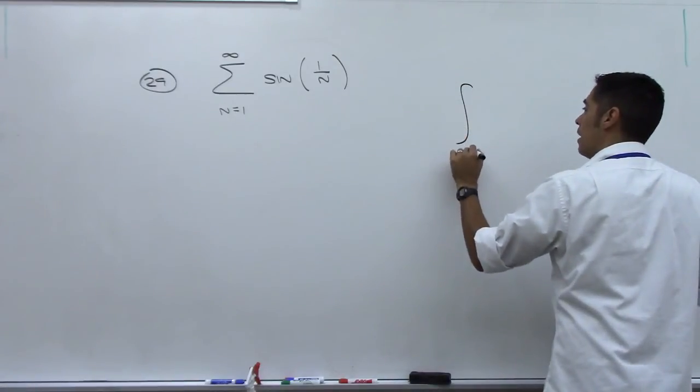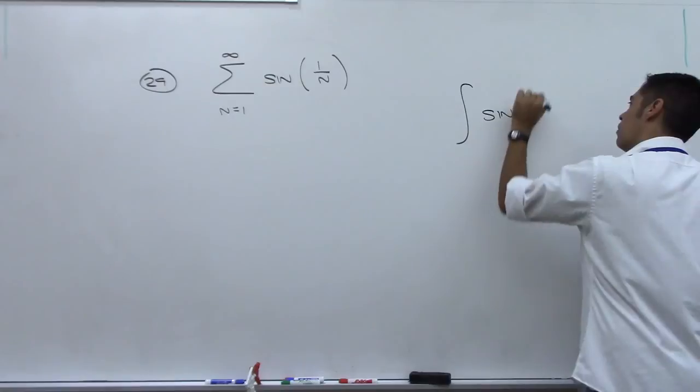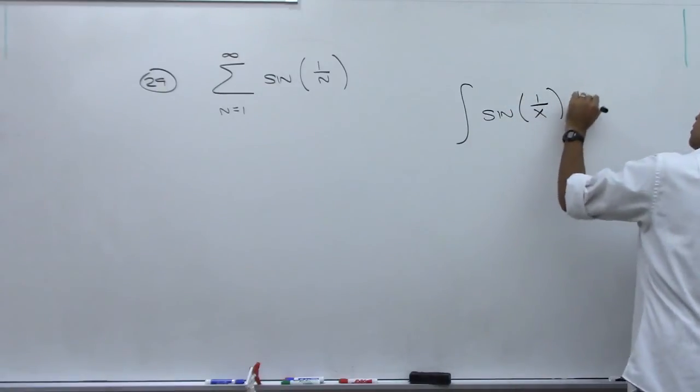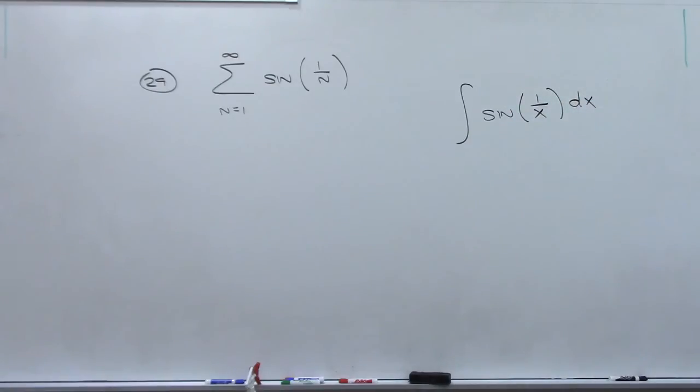Could you even integrate sine of 1 over x dx? I don't think so. The only thing that comes to mind here is integration by parts or something like that.